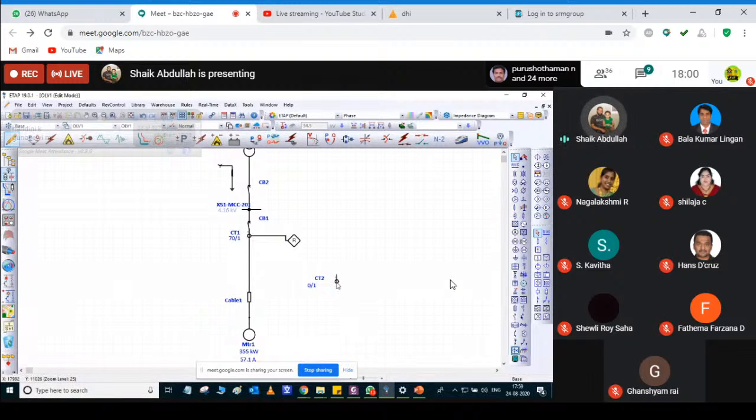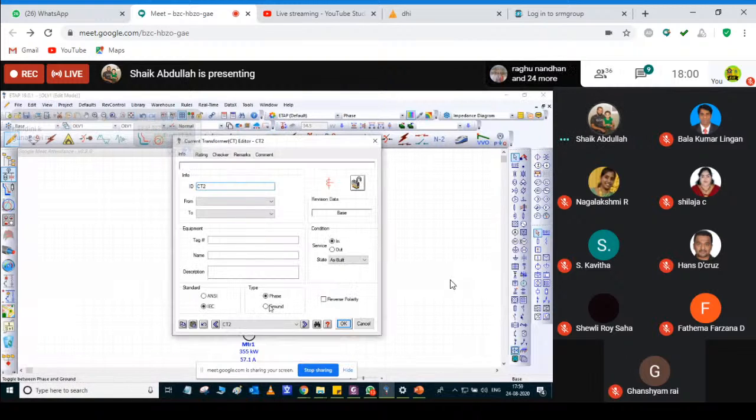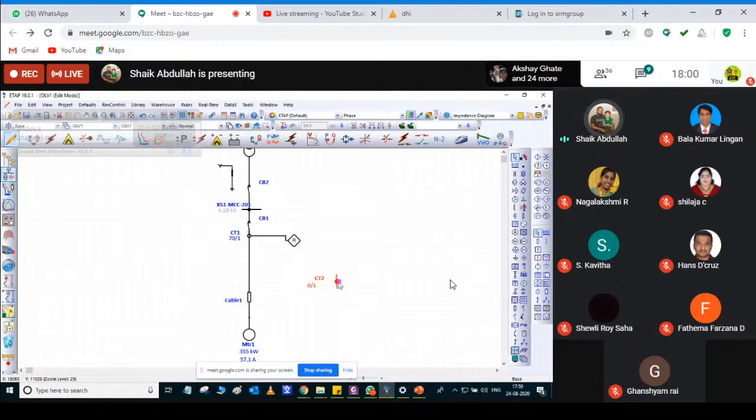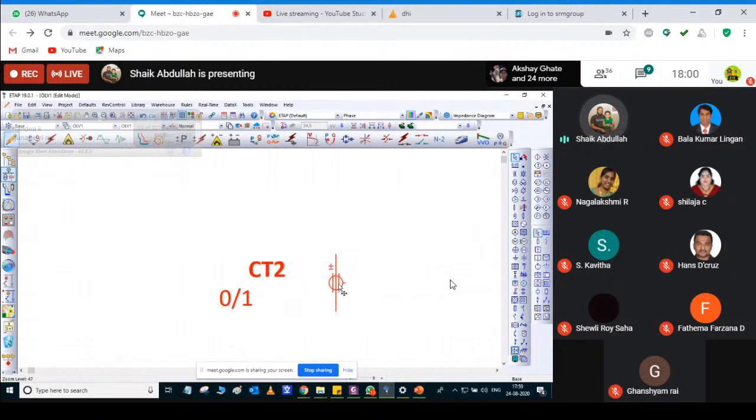You can convert it into a CBCT by clicking down here and using it as a CBCT. CBCT means all lines going together. This is important. CBCT means all three phases will go together.